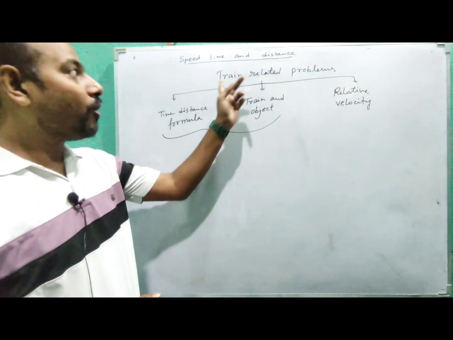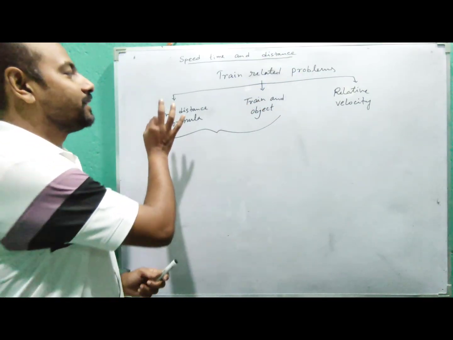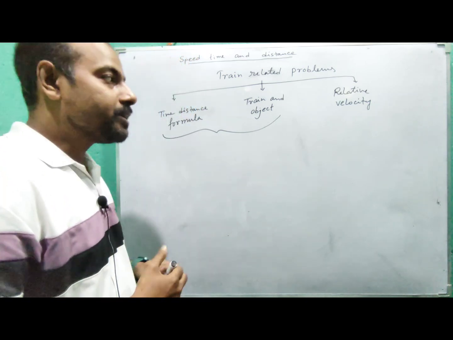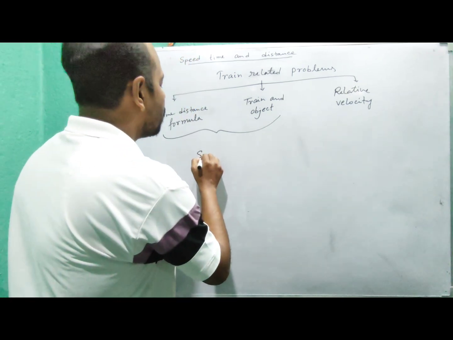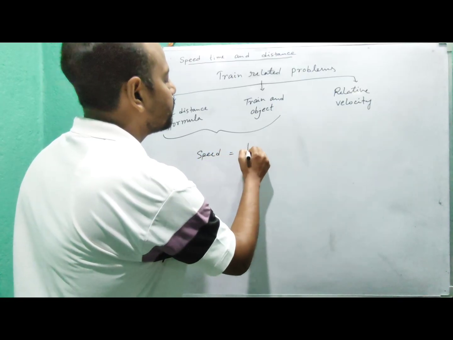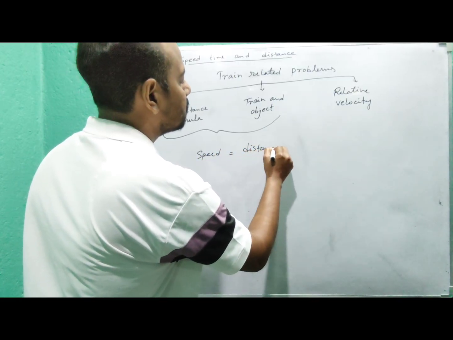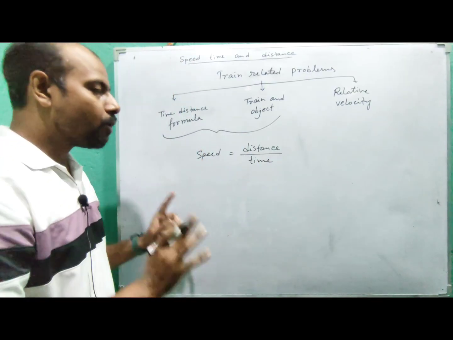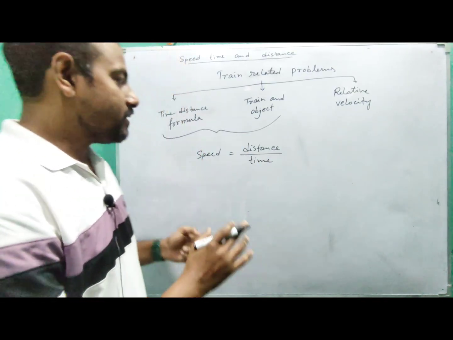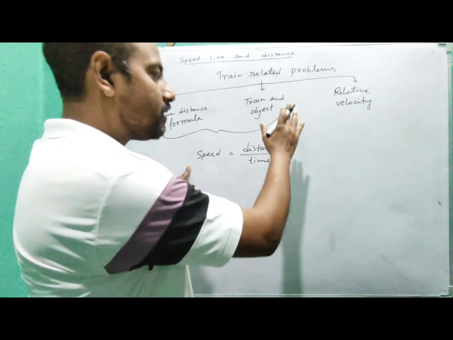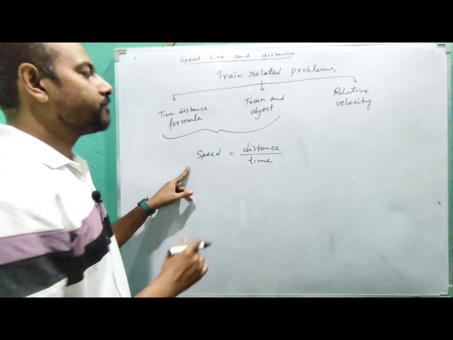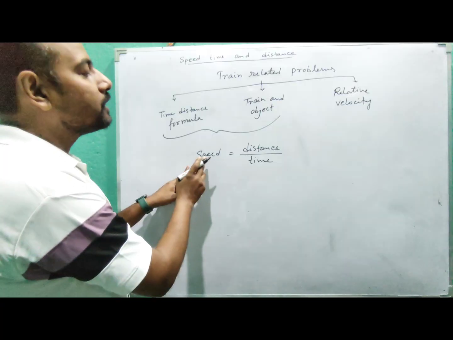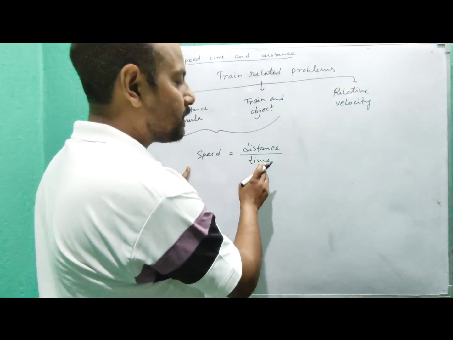The type 1 of train related problem is the time distance formula. The formula that we have to remember here is speed equal to distance by time. By using this formula, we can find the speed of the train or any other vehicle. If they ask for distance, then we have to multiply speed and time.